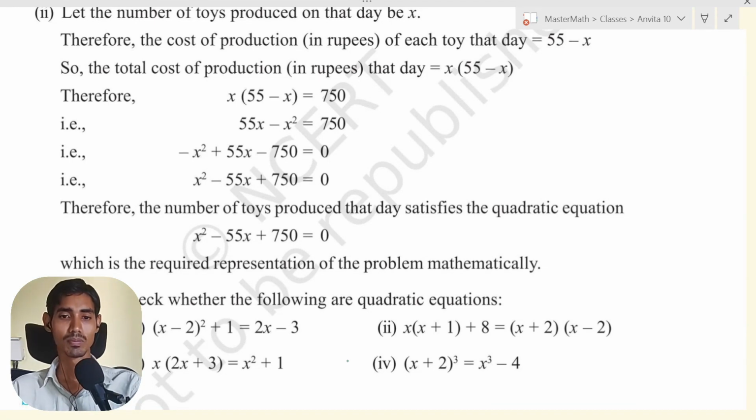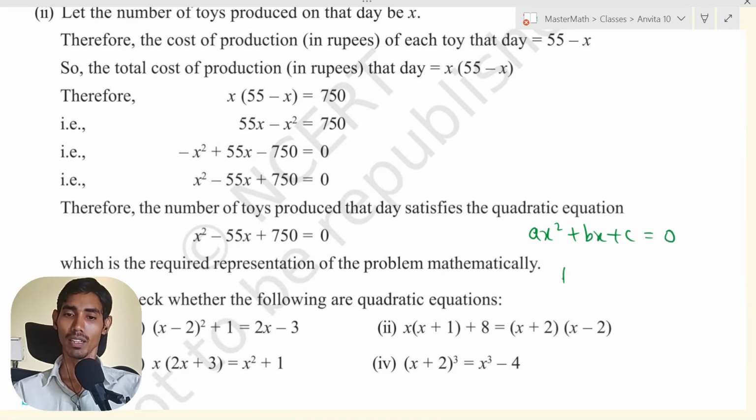This is how to go about it, and check the second part. You know the standard form, right? Take everything to the left side, keep 0 on the right side, and then compare. A quadratic equation means the degree should be 2 and it should match the standard form ax square plus bx plus c is equal to 0.